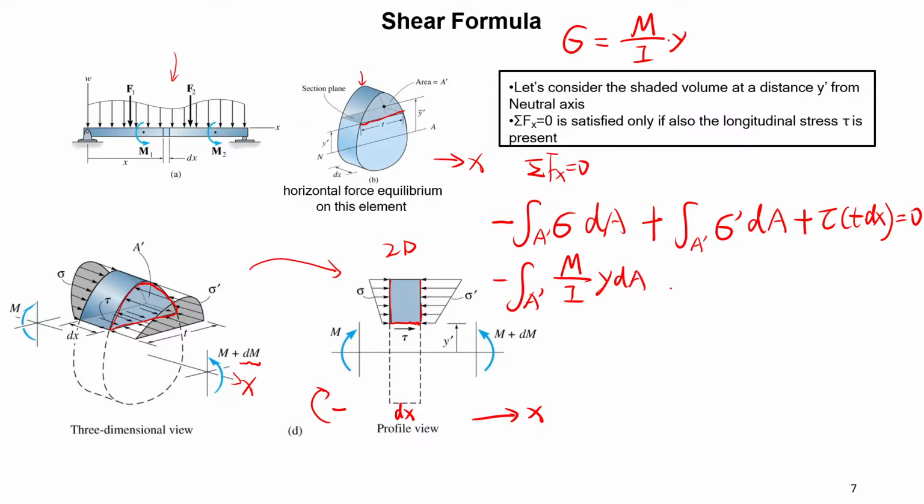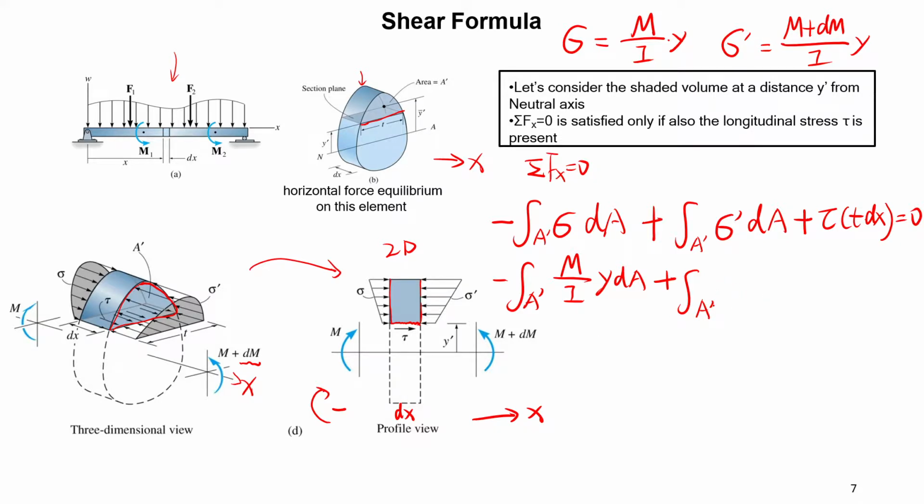Plus, for A prime, the sigma prime, because now the moment has changed. The moment has the actual increment dM, so dM over I, y. Again, you need to remember the distance we defined here is y.